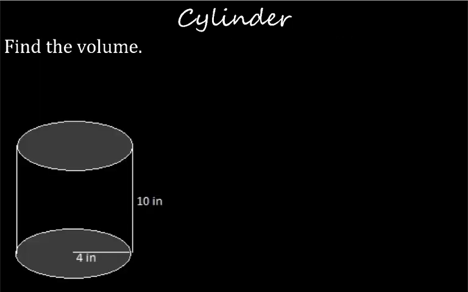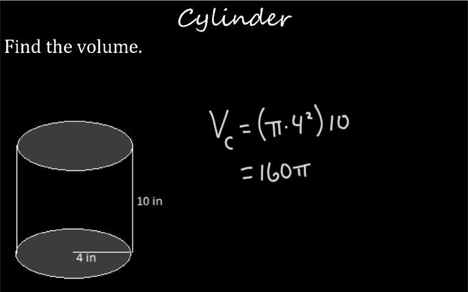So in this example, the volume of a cylinder is equal to the area of the base, so pi times 4 squared, times the height, 10. And so an exact answer here will be 160 times pi cubic inches.